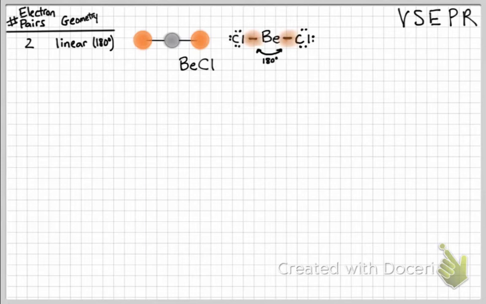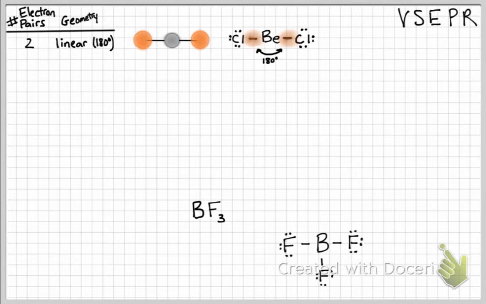Okay, what about for 3 electron pairs around the central atom? Well, for this we're going to use the example of boron trifluoride, which has this Lewis structure. This is almost always the way I draw the Lewis structure, in fact, because I'm not thinking about shape initially when I draw my Lewis structure.